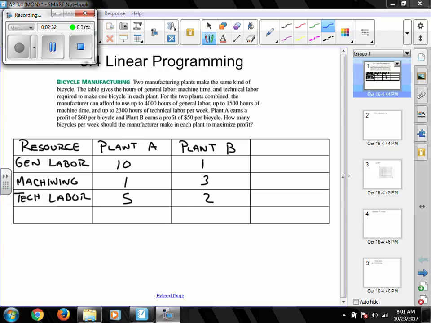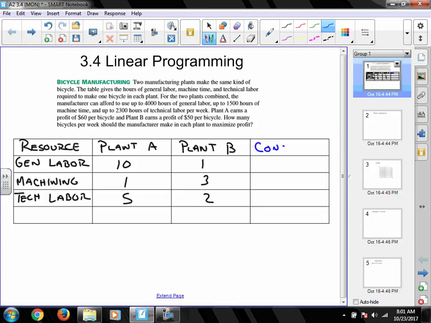What we're going to add on to this is, just like we had in our table on Friday, we need to have our constraining values.